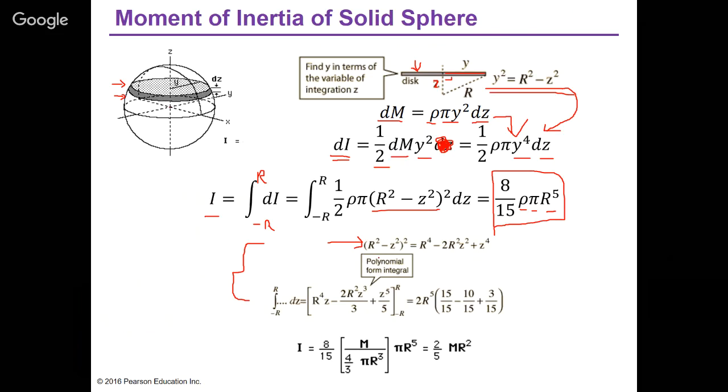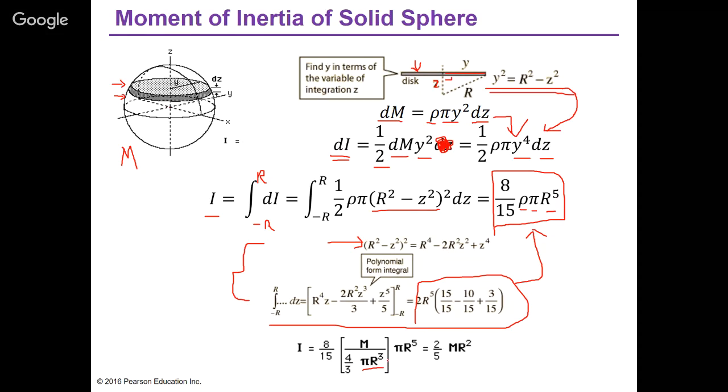Basically, we expand this r squared minus z squared term, and that will give you this equation here. And of course, we know that the total volume of this sphere has mass big M, so its density will be big M divided by 4/3 of a pi times r to the third power. Then you will arrive at 2 divided by 5 M r squared.